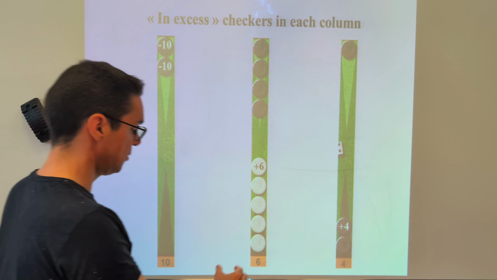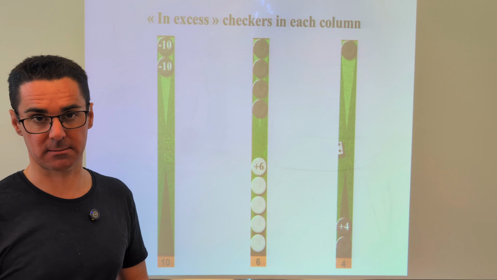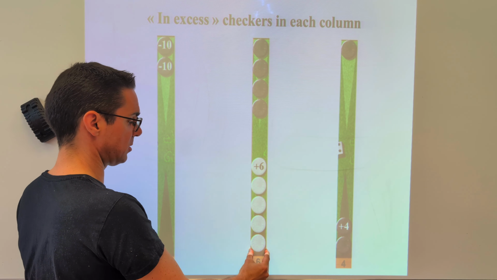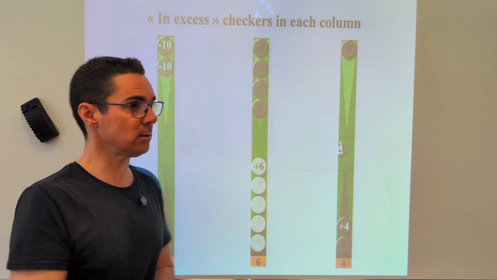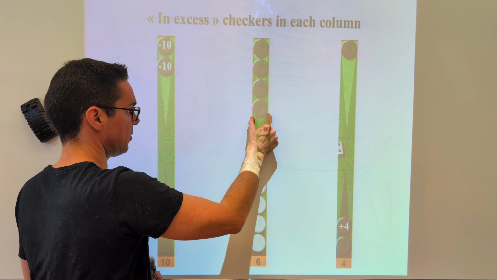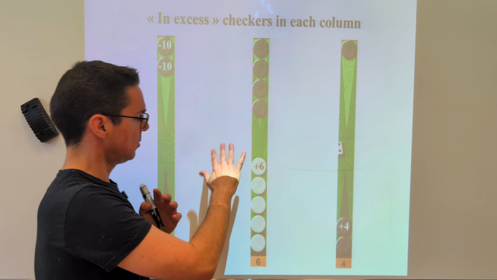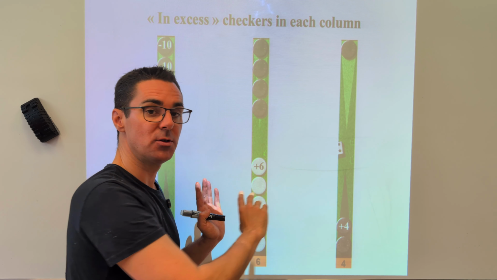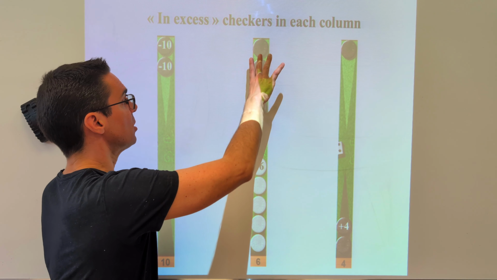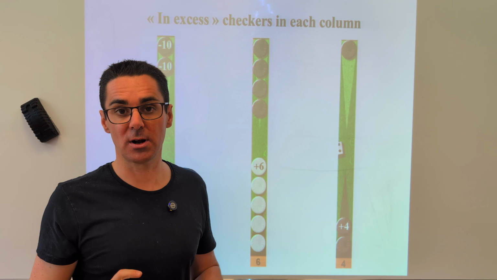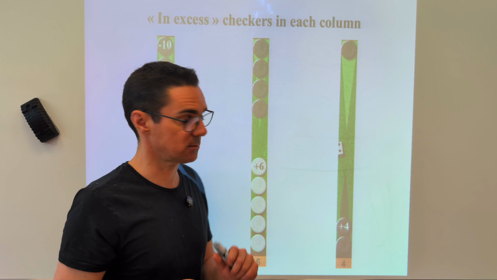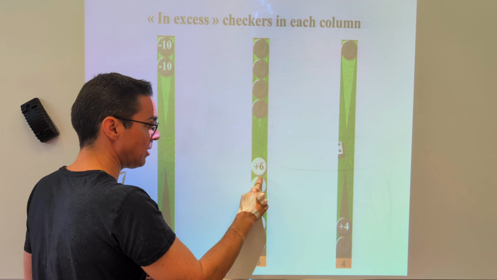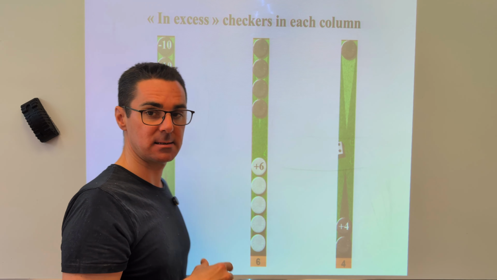Now, if you look at column number 6, and you see that you have 4 of your checkers in an equal run with 4 of the opponent's checkers, we don't care about the color. Those checkers are among the first 15 checkers. Those checkers are among the last 15 checkers. There is only one checker in excess.